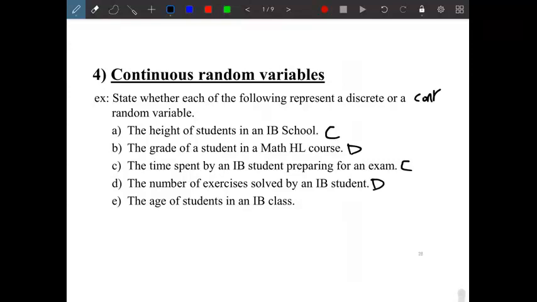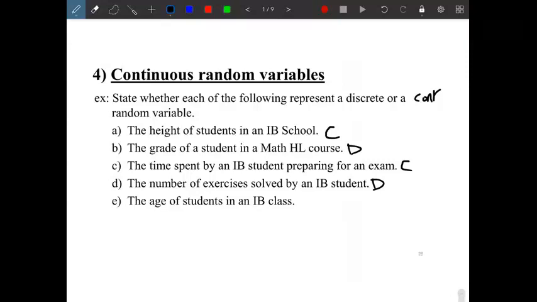However, the age of students could be seen as both discrete and continuous, depending on the context of the problem. If we were rounding our age every single time we're asked for it, the variable in that case is seen as discrete. While it could also be considered continuous because, for example, if somebody says they're 24, they're not really exactly 24, that's a rounded value.